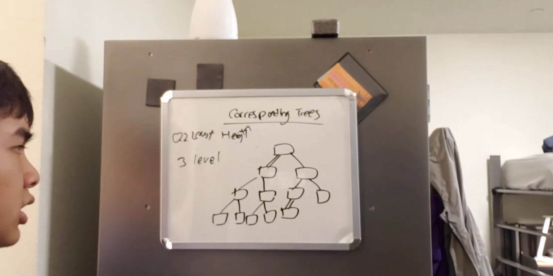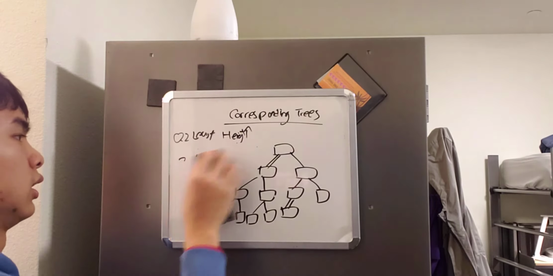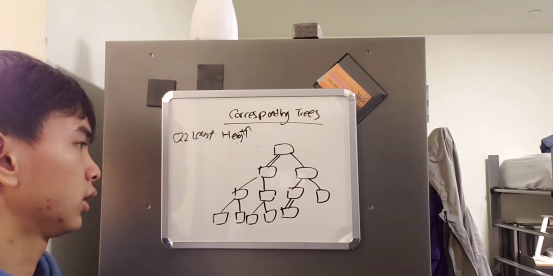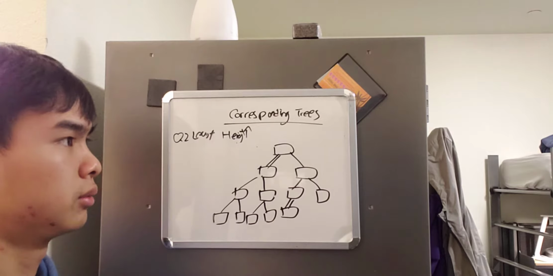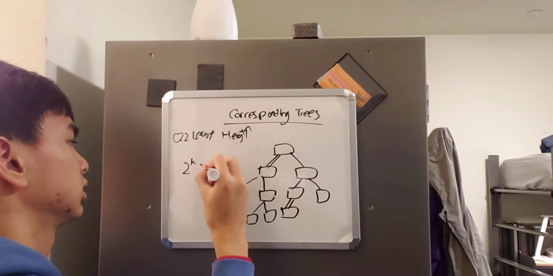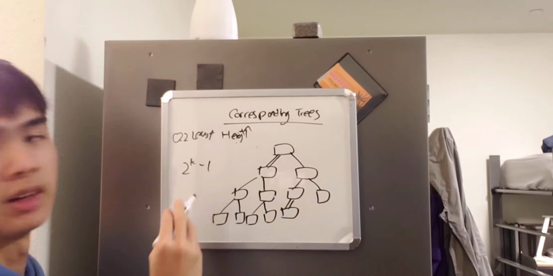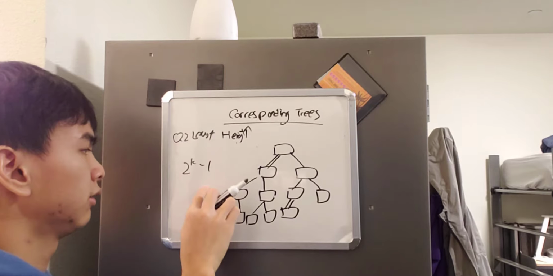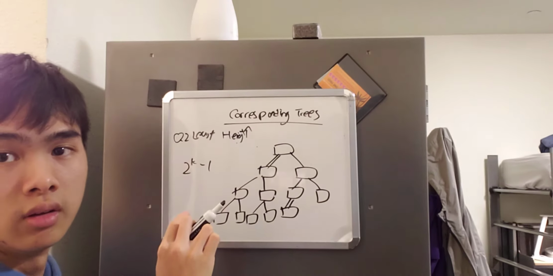For this question, I approached it like this. I knew that the equation for the minimum amount of nodes in a tree with k levels is 2^k minus 1, where k is the level.